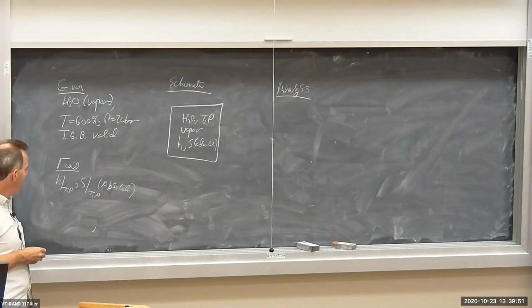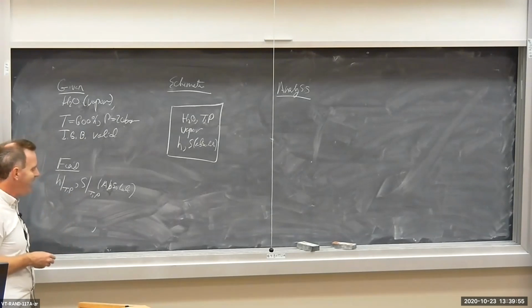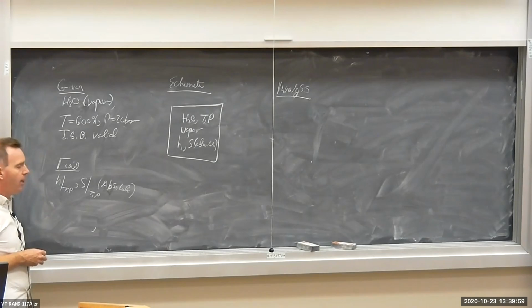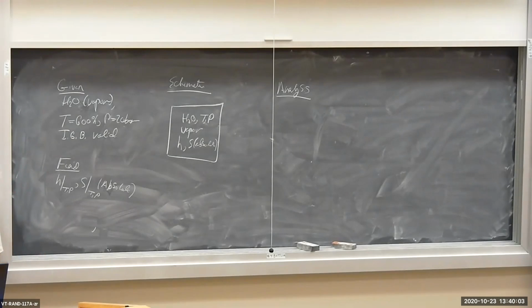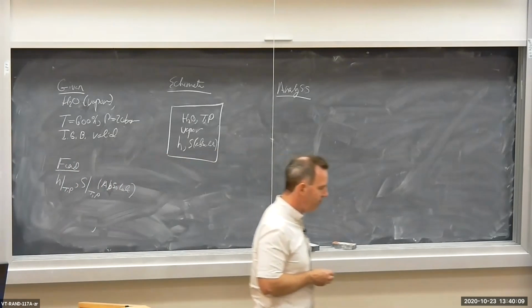What are we supposed to find? I'm supposed to find specific enthalpy and specific entropy evaluated at the temperature and pressure, but I want to find the absolute enthalpy and entropy. That means including the effects of chemistry.